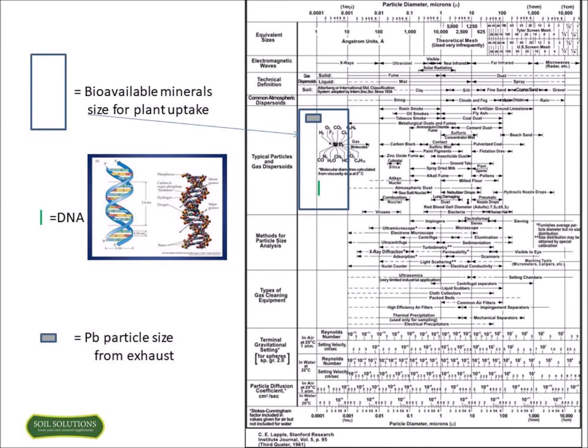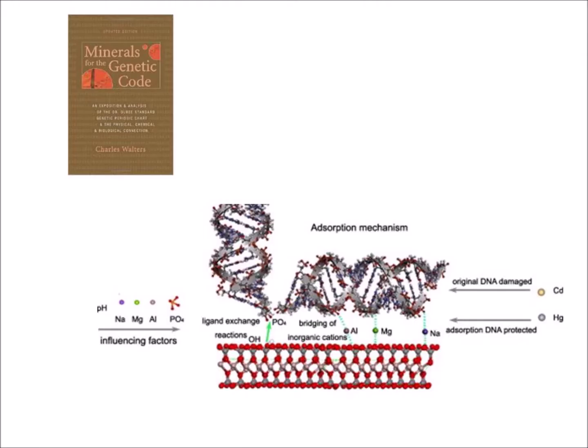When a plant takes it up, it's capable of delivering to the consumer of that plant the minerals and the nutrients in a small enough particle size to actually be utilized as the building blocks for our own DNA, amino acids. Just the width of that DNA, and you can see here how many minerals make up that DNA within that small width.